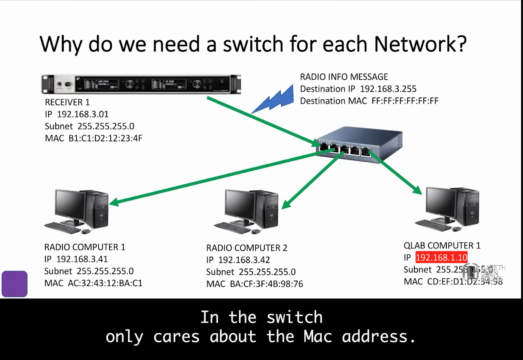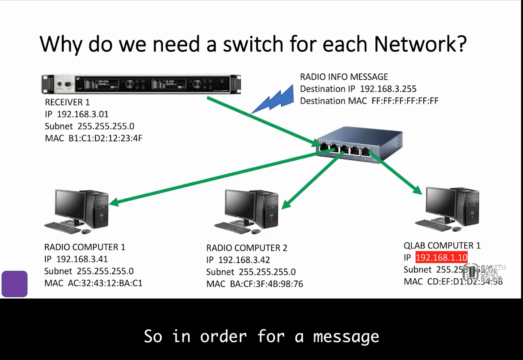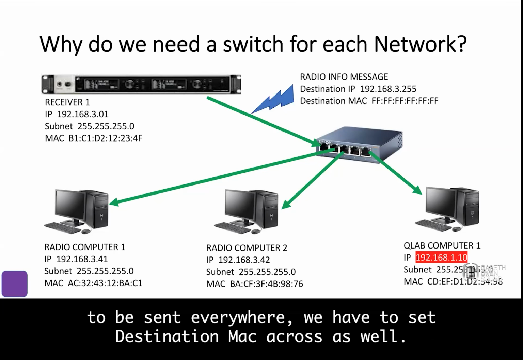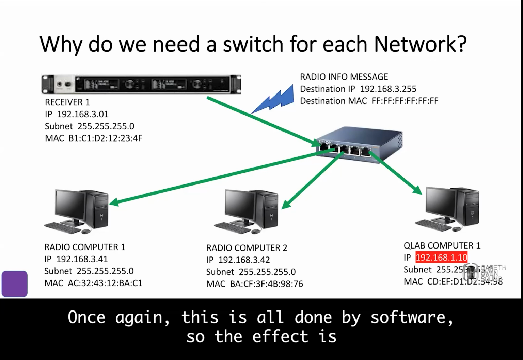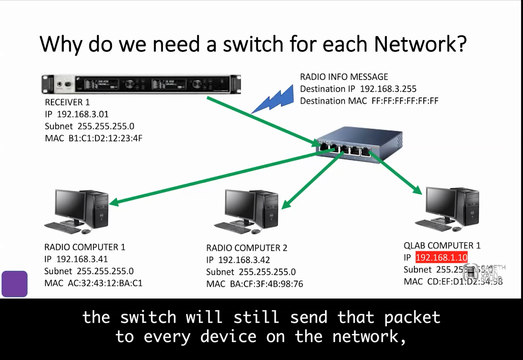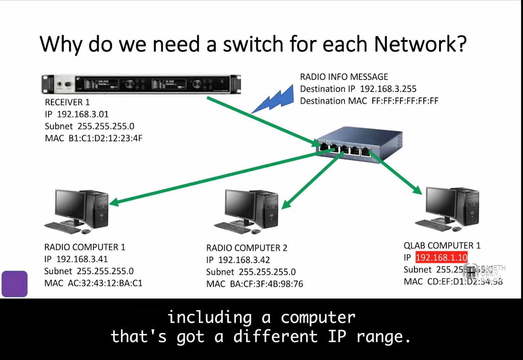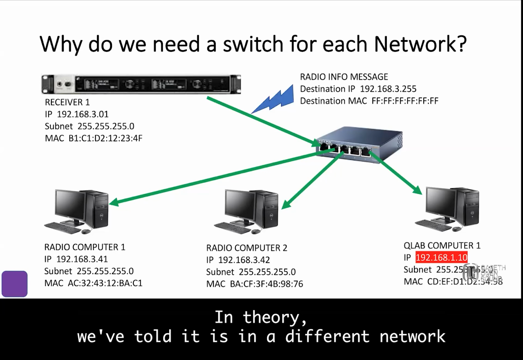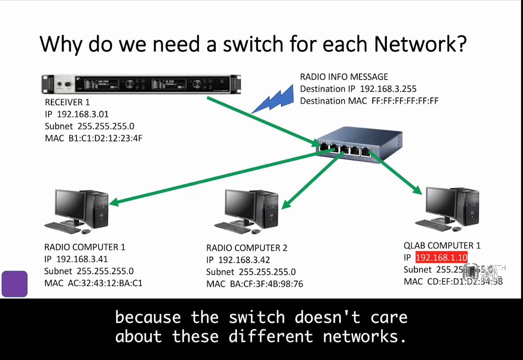And the switch only cares about the MAC address. So in order for a message to be sent everywhere, we have to set the destination MAC address of all ones. Again, this is all done by software. So the effect is the switch will still send that packet to every device on the network, including a computer that's got a different IP range. In theory, we've told it is in a different network, but the switch doesn't care about these different networks.